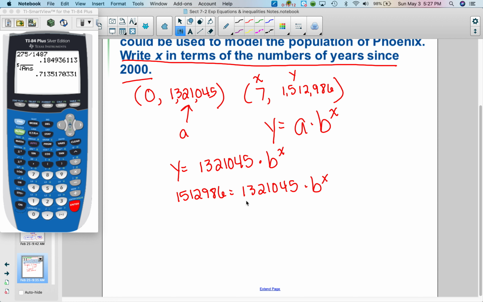Okay, so then we're going to divide by this number. Aren't you glad you have a calculator?